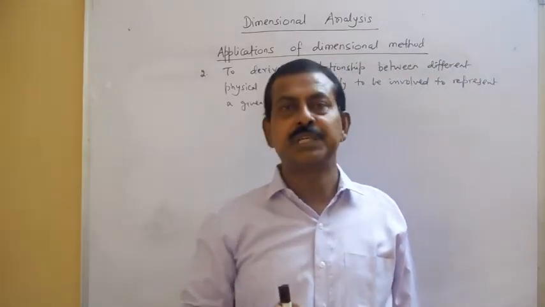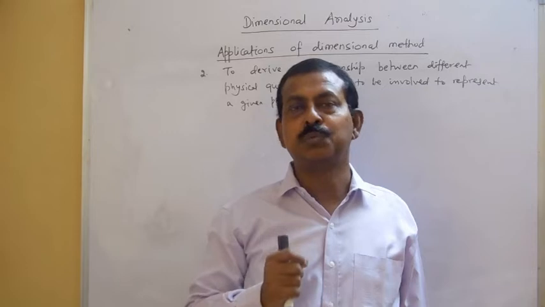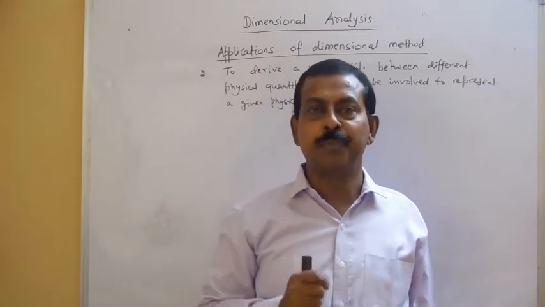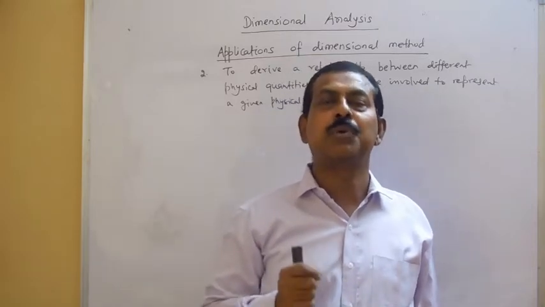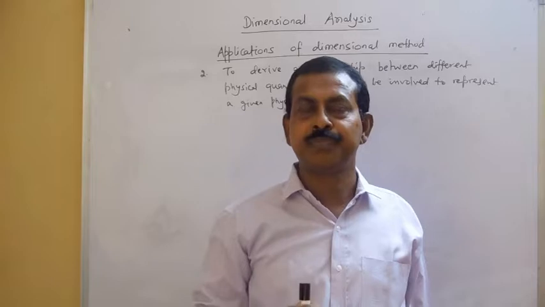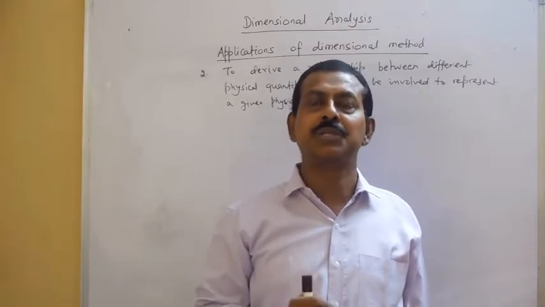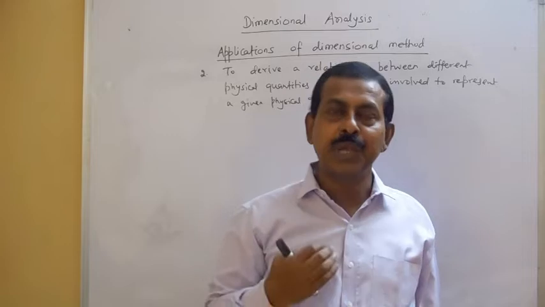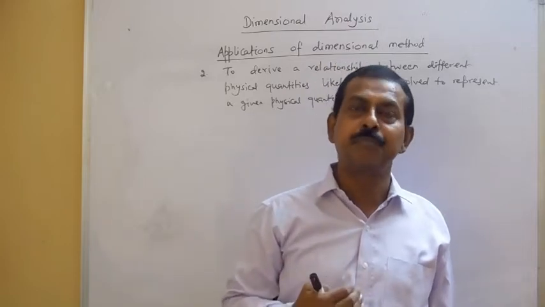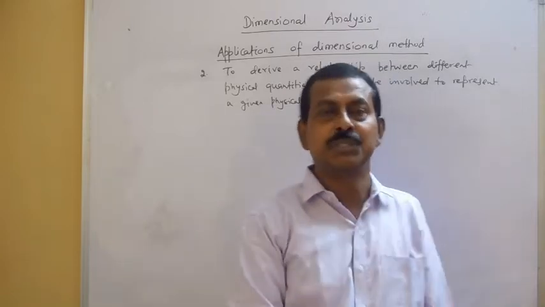For example, we assume that the time period of a simple pendulum depends upon the mass of the bob, the effective length of the pendulum and acceleration due to gravity. We have to find an expression for the time period of the pendulum in terms of these.